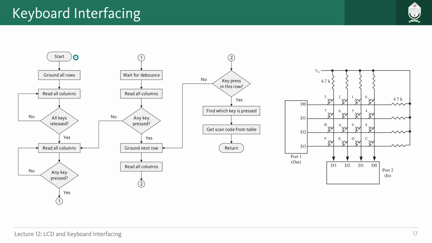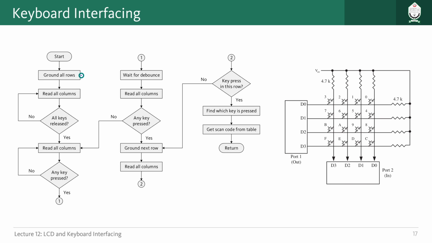We will start here, and like we discussed earlier, we ground all the rows and then look at the columns. If all of the values are 1, that means no key has been pressed. If the value is anything other than 1111, obviously some key has been pressed. That is the general idea.